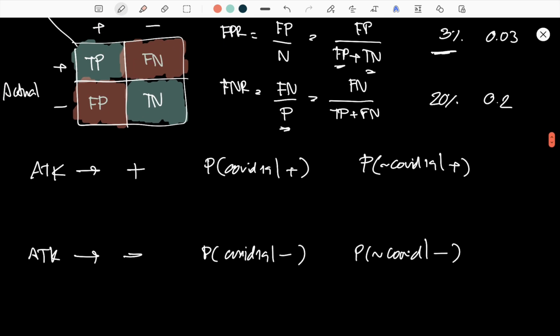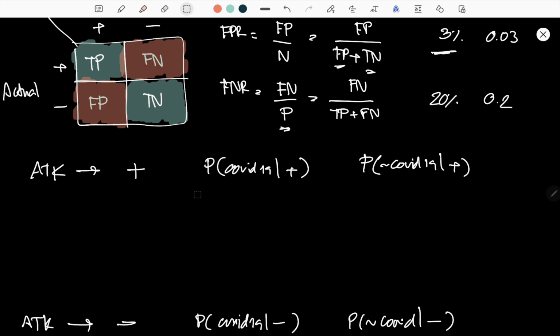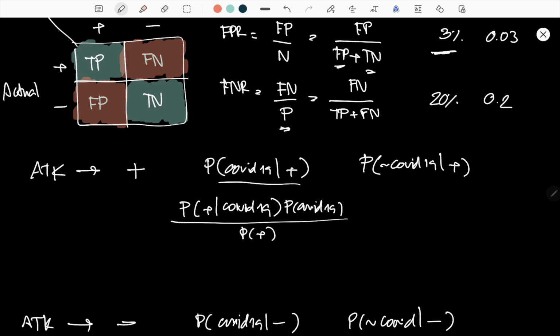So I would like to move this one down, and then we have to compare between these two. Given positive, the probability of being COVID-19 is the probability of positive given COVID-19 times the probability of COVID-19, divided by the probability of positive.